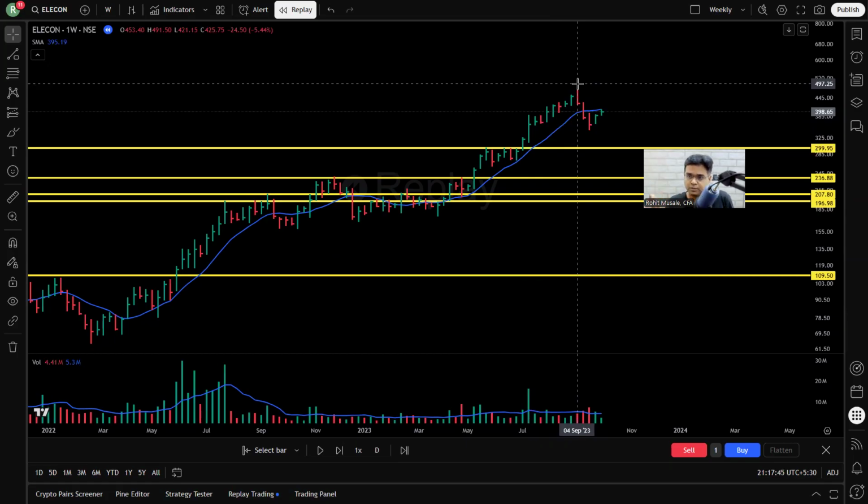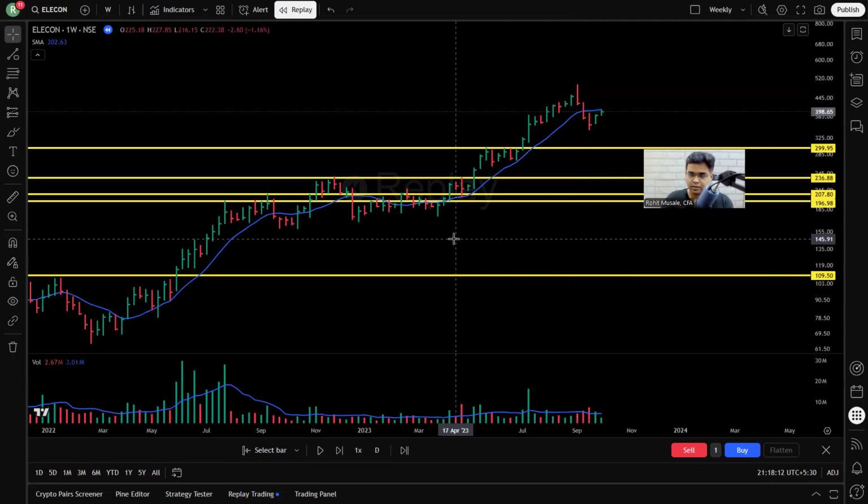What is the likelihood? Okay, think. This is most likely to be base 4A. So when this base breakout happens, chances are very good that it might fail to create base 4B. Base 4B also might fail to create base 4C. And when base 4C is formed, there is a good chance that the stock might go up. Now, I have not seen what happens after this. Let's move the price forward and see what happens.